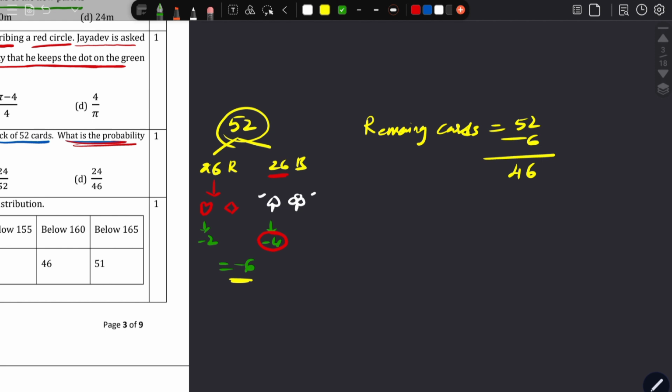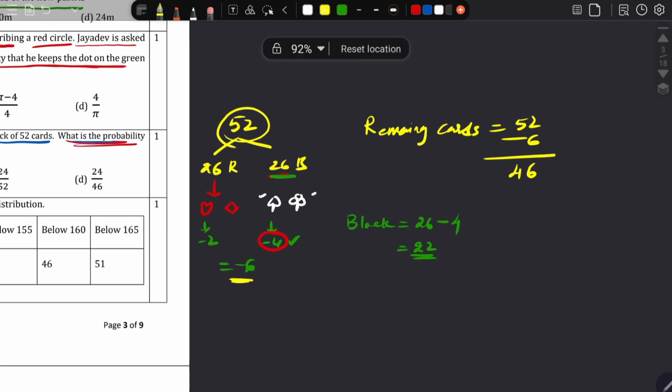And again, we lost 4 spade cards, which are black in color. Totally there are 26 black cards, and out of that we lost 4, so finally we have 22 black cards.